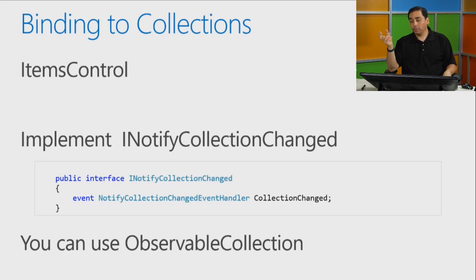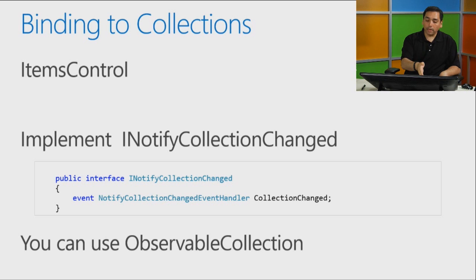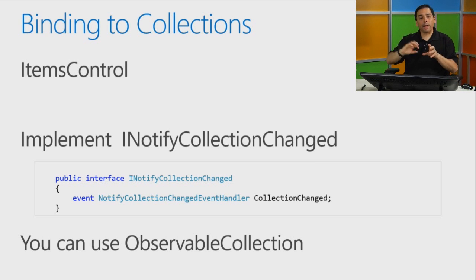A more common thing to do for anybody using XAML is that we have this object called ObservableCollection, and this class already implements INotifyCollectionChanged. So whenever you need a collection that you're going to data bind to, and you want to make sure it fires changes when items are inserted or deleted, you just use ObservableCollection. This is a generic type, so you just say ObservableCollection of type X.